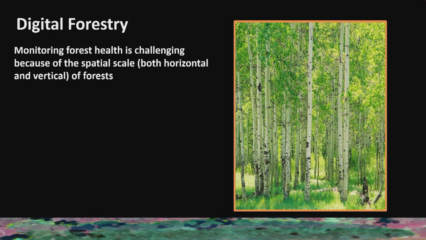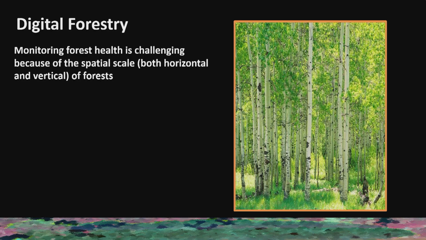So the idea of digital forestry is one that has, admittedly, lagged behind in terms of incorporating precision agricultural approaches into monitoring for plant stress. And the challenge is that you have multiple different spatial scales.